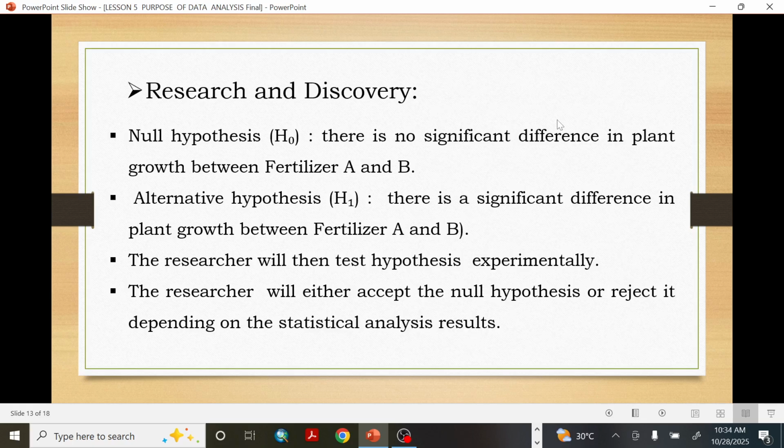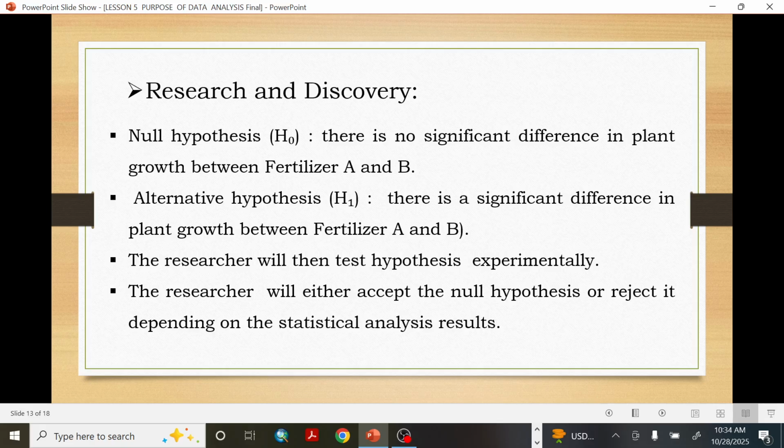Now, in the null hypothesis, there is no significant difference in plant growth between fertilizer A and B. It means that it doesn't matter whether you use fertilizer A or B, the outcome of growth will be the same.